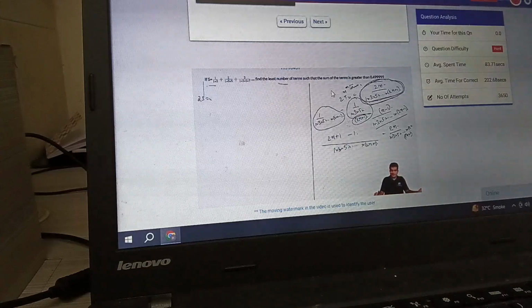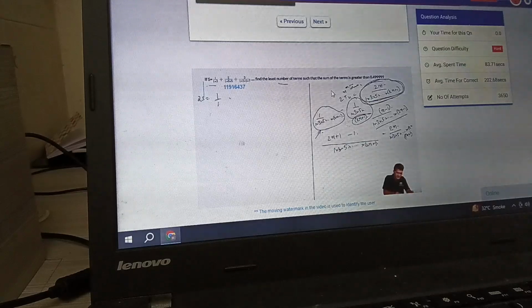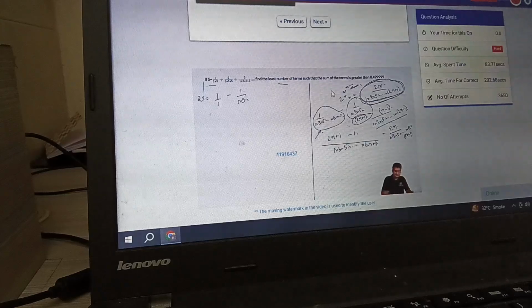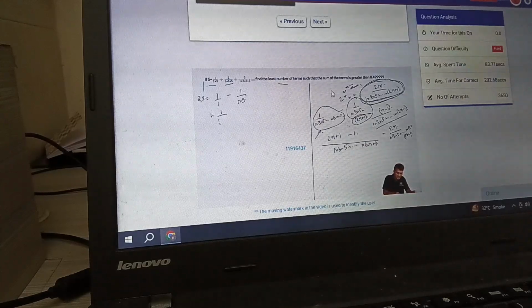where you are multiplying all the terms with 2, we can write each of them as a difference of the things that we have discussed earlier. 2 times the first term, 2 by 1 into 3, can be written as 1 by 1 minus 1 by 1 into 3. Similarly, the second term, which is 2 divided by 1 into 3 into 5, can be written as 1 by 1 into 3 minus 1 by 1 into 3 into 5.